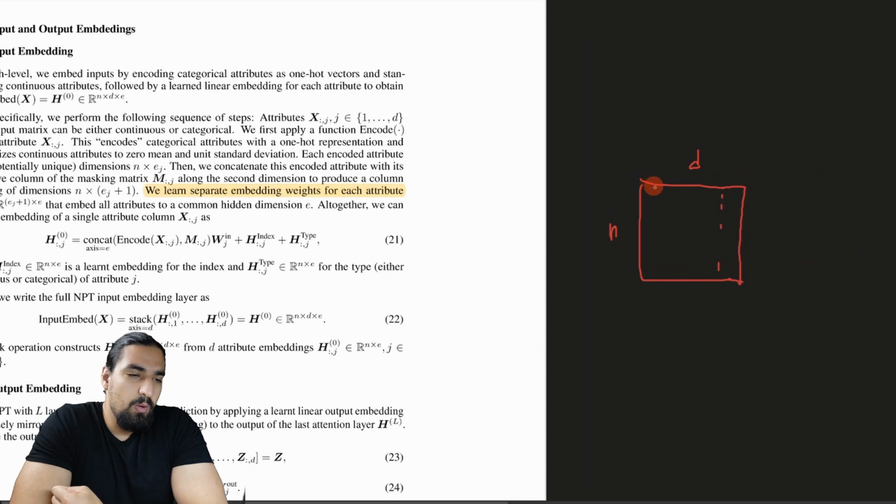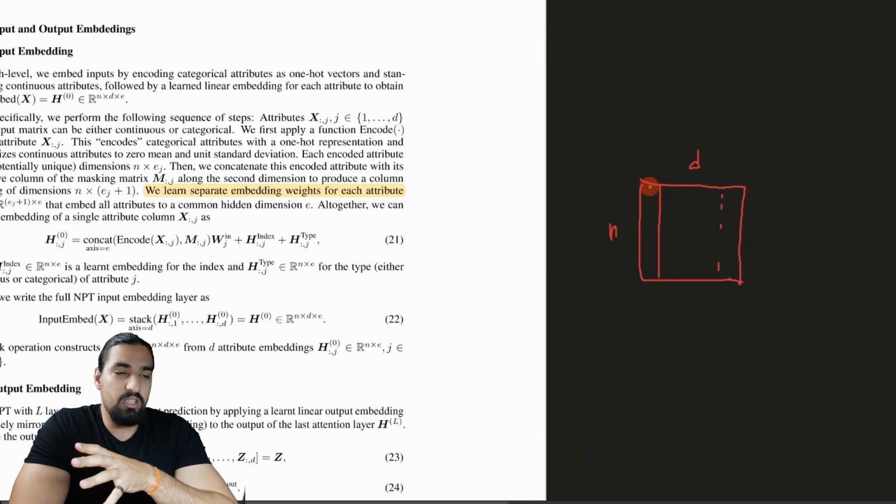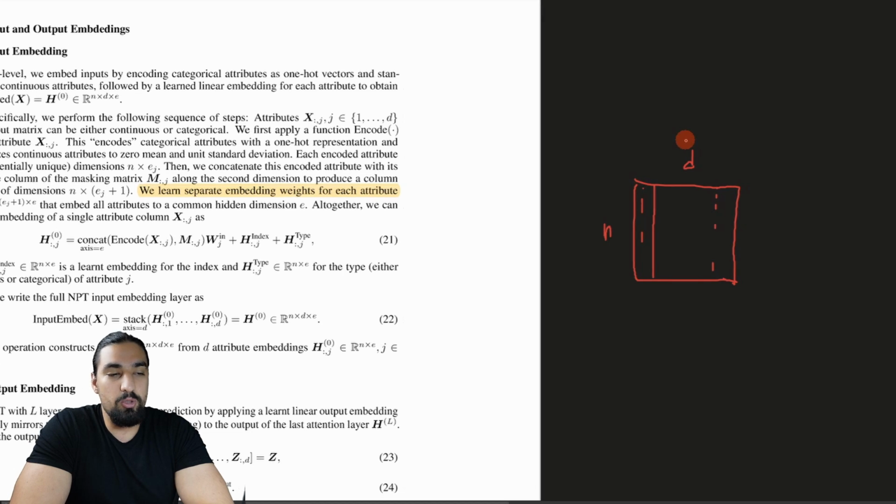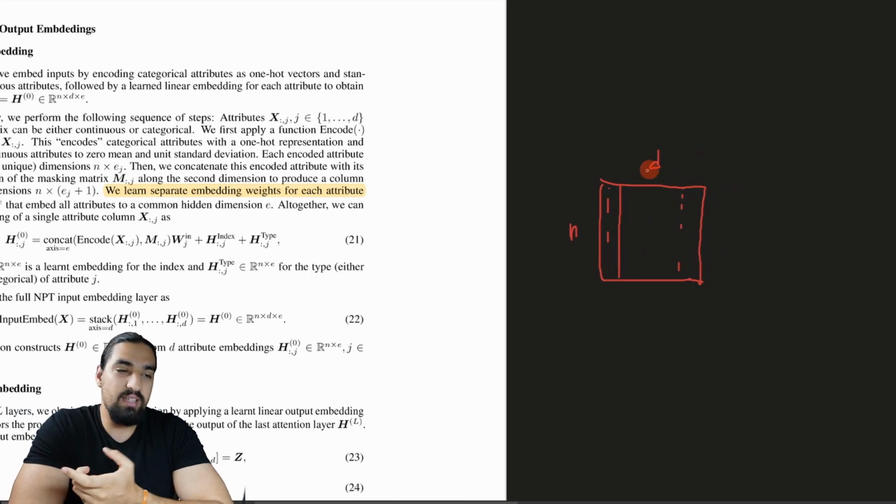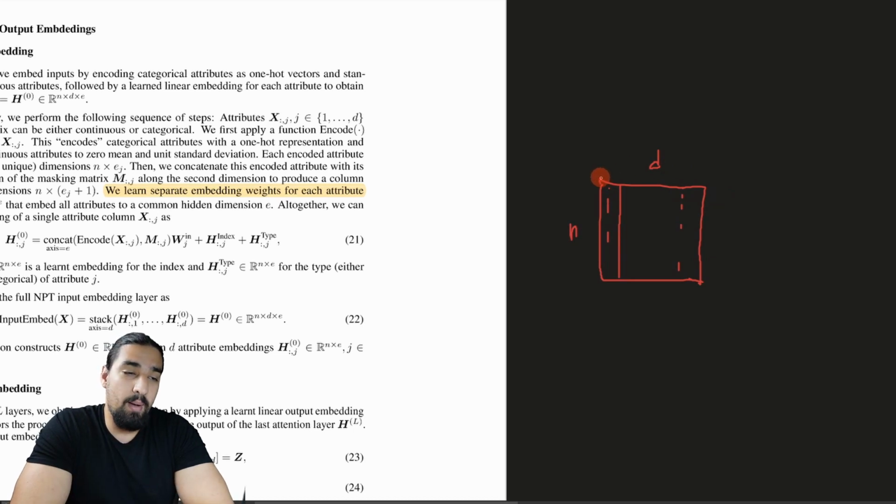So let's say we have this column, and let's assume this column contains categorical variables. We'll have a certain number of classes there. The first step they do for a categorical variable is they encode it into a one-hot encoding. This is going to be of size C, where C is the number of classes. So let's say we have a number, I don't know, 2, and assume we have maybe 4 classes, this is going to be embedded into a one-hot vector like this.